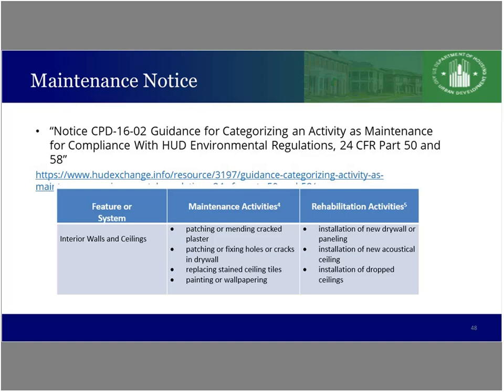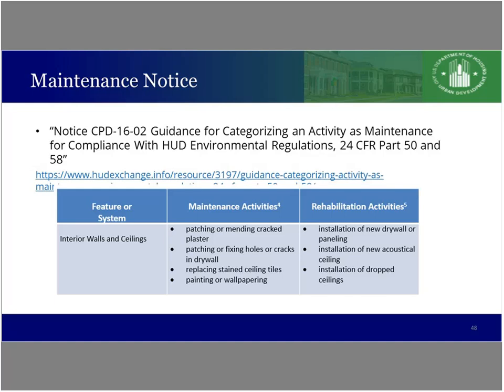There had been a lot of confusion and inconsistent interpretation of what maintenance means in the past. And so in 2016, HUD published a notice with guidance on how to interpret maintenance for environmental review purposes. Sometimes programs have their own definitions of maintenance for other purposes, but for environmental review purposes, this notice outlines what maintenance means and therefore what may be exempt.